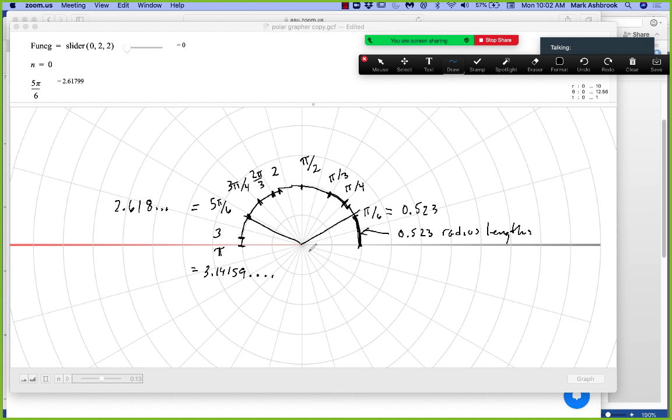Right. So going to this point, that right there is 2.618 radius lengths. That arc length is 2.618 radius lengths for whatever circle I choose. And it defines an angle, right? It defines a terminal side of a ray from the positive x-axis to give you that angle.